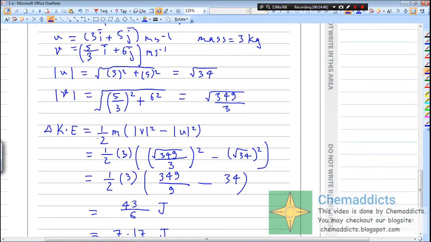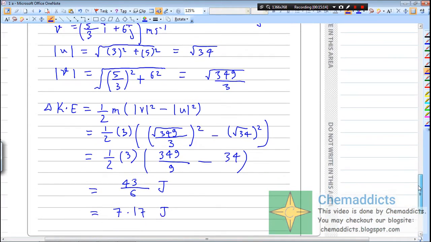We have substituted the value for mass, which is 3, and the magnitudes of v and u. It is the magnitude of v whole square minus the magnitude of u whole square. As simple as that, we have worked this out and finally got the answer.